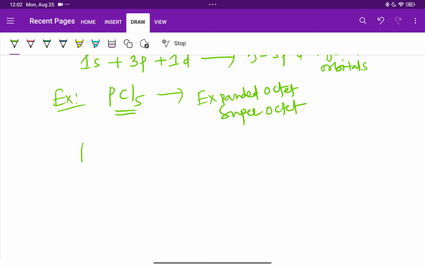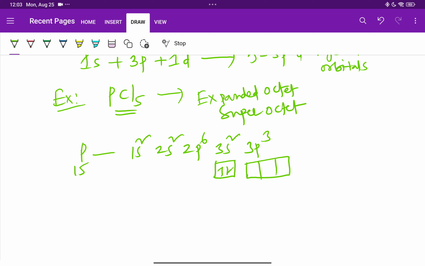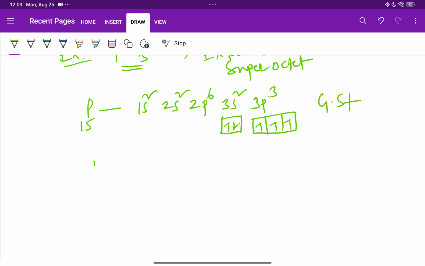Here the central atom is phosphorus. I am going to write the electron configuration: 1s2, 2s2, 2p6, 3s2, 3p3. I am writing just the valency shell, 3s2 and 3p3, because valency electrons are responsible for forming chemical bonds. So it is the ground state, but we need to write the excited state.